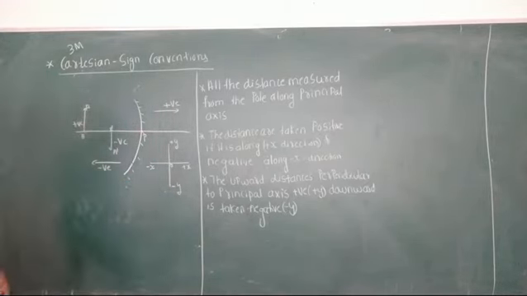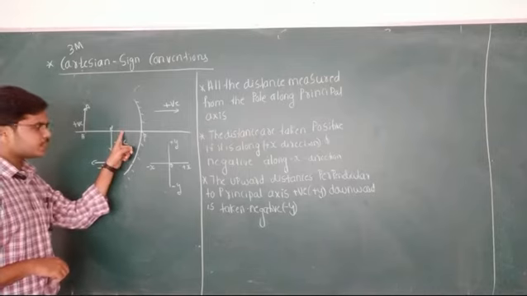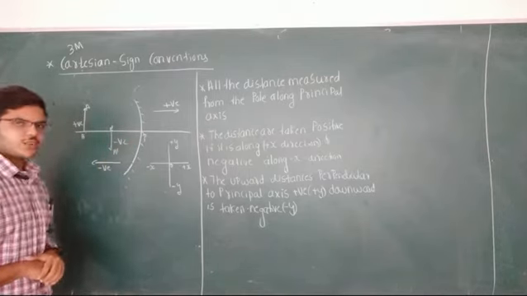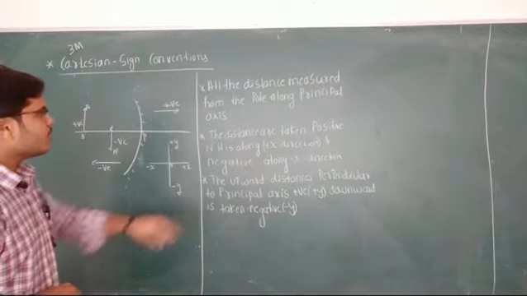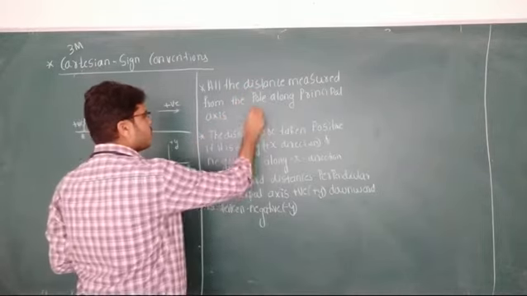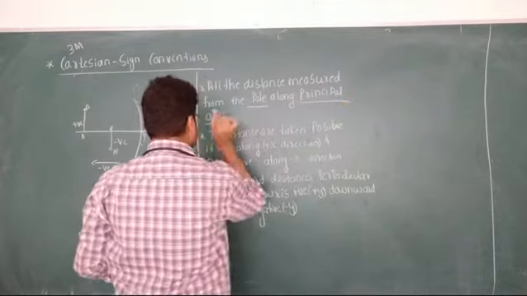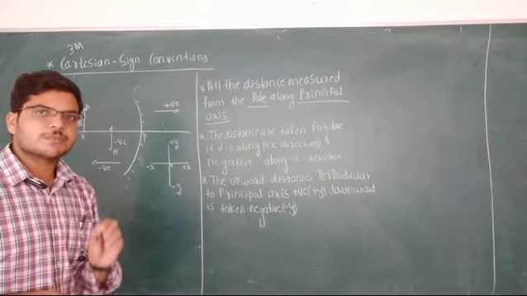This is the normal graph. Now, here, this is the principal axis, this is the concave mirror, this is the pole. The first rule in the Cartesian sign convention is that all the distances are measured from the pole along the principal axis. Is it clear? The starting point is the pole.